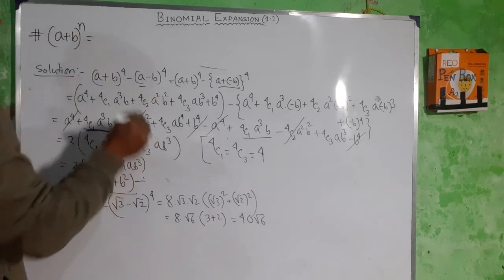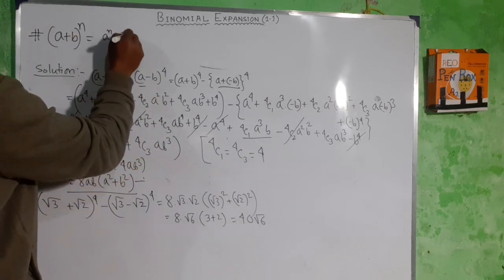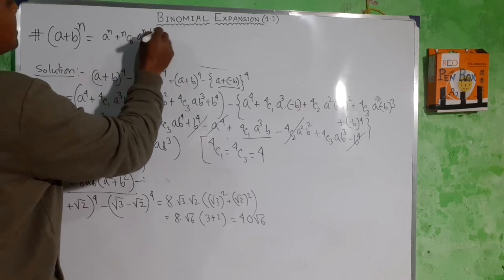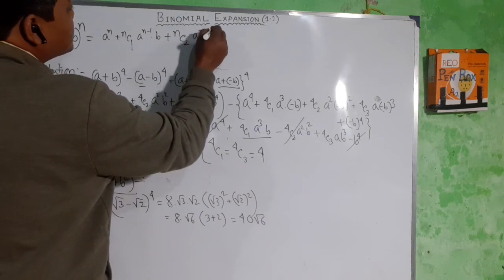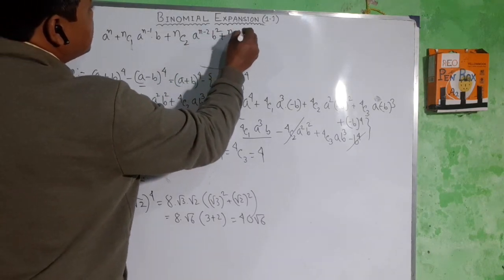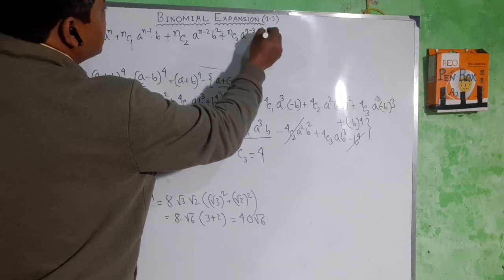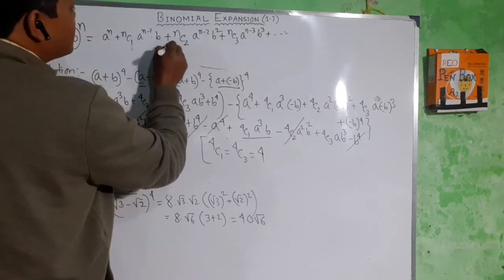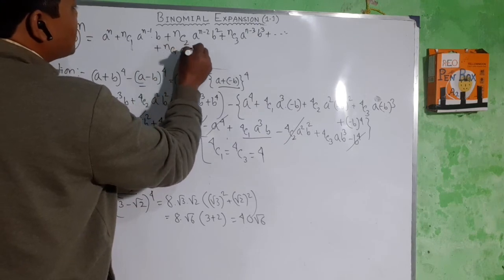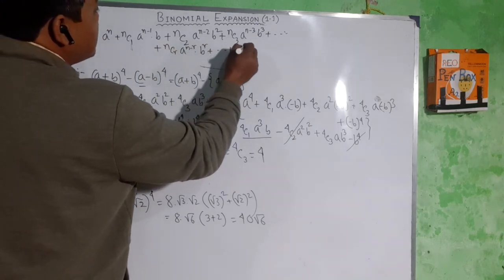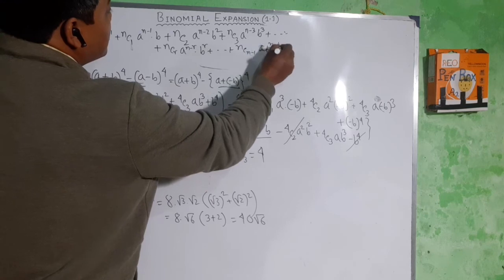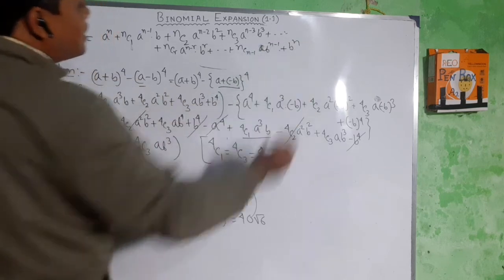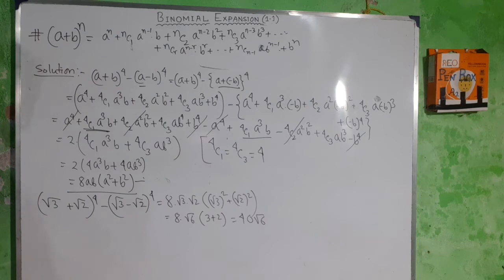We have already done this: a to the power n plus nC1 a to the power n minus 1 b plus nC2 a to the power n minus 2 into b square, nC3 a to the power n minus 3 into b cube, plus up to nCr a to the power n minus r into b to the power r, nC(n minus 1) a b to the power n minus 1, and b to the power n. Alright? I think this part you have already copied and you have understood.